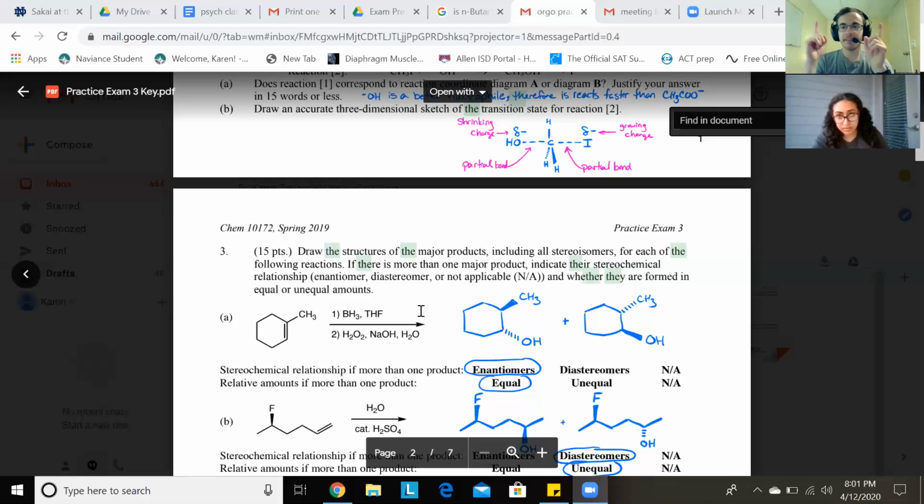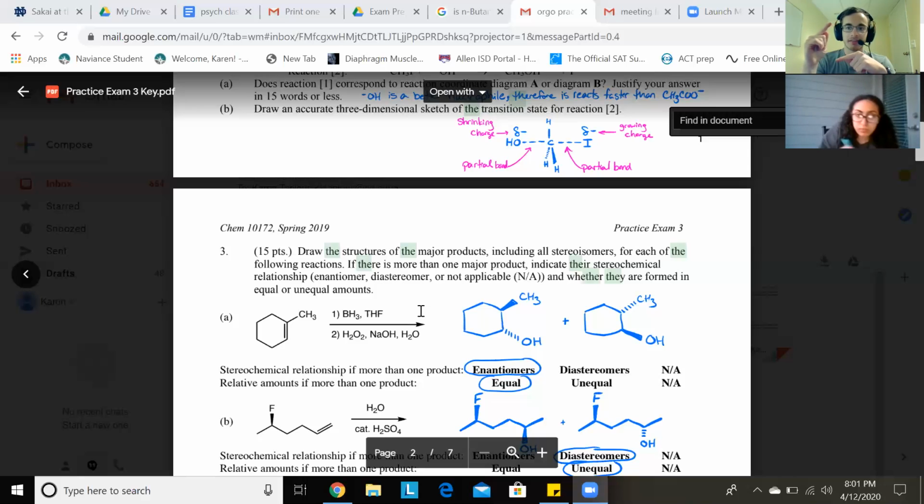You know that the second step for hydroboration replaces the B with an OH but retains the stereochemistry, right? So if the B and the H that you add are on the same side, remember the H is being added to the more substituted carbon, so that the B can be added to the less substituted carbon.